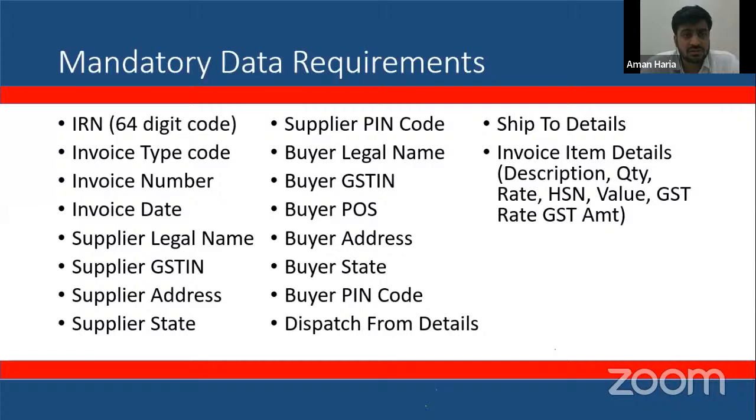Invoice number, the current practice of which we are following, unique 16-digit number for 1 year, containing alphabets, numericals only, slash and dash only. Invoice date, supplier's legal name, GSTIN, address, state, supplier's PIN code. Very critical, PIN code is a must. Buyer's legal name, buyer's GSTIN, buyer's place of supply, buyer's address, buyer's PIN code.